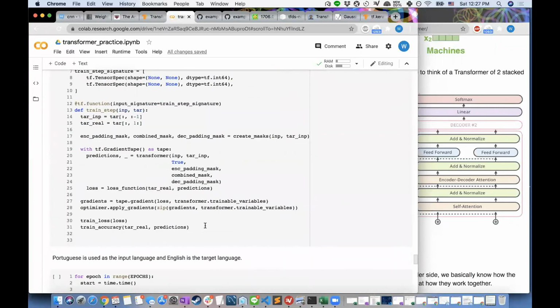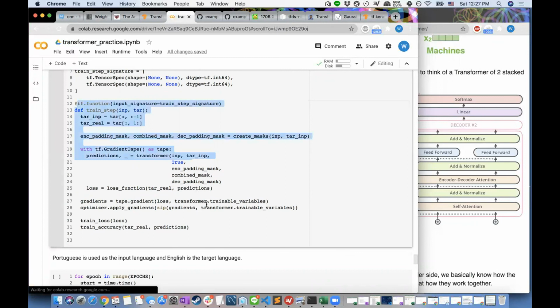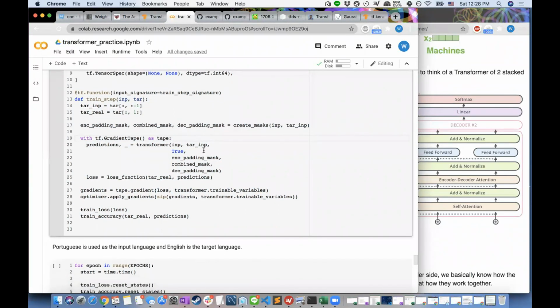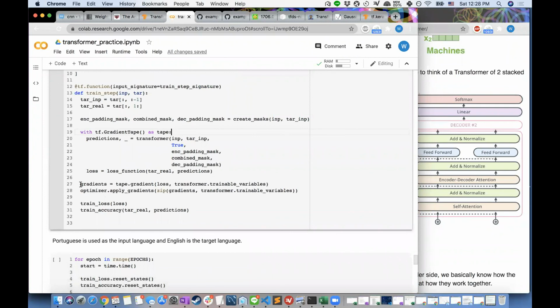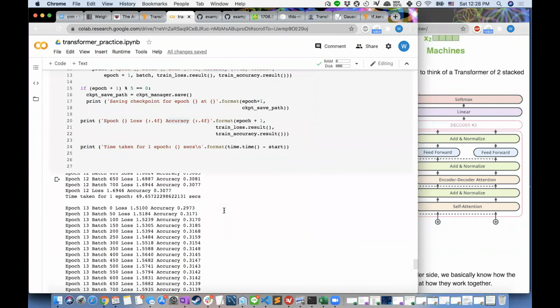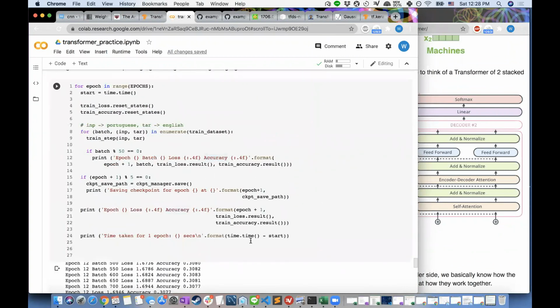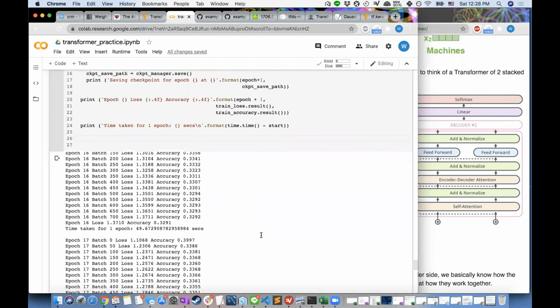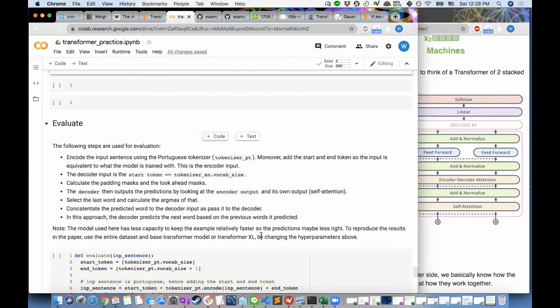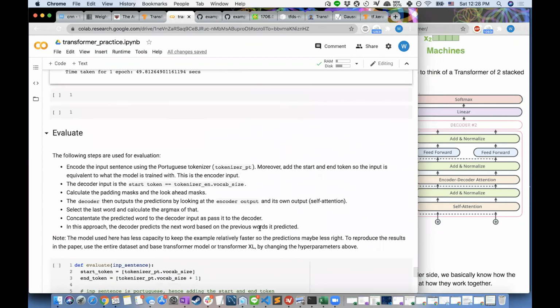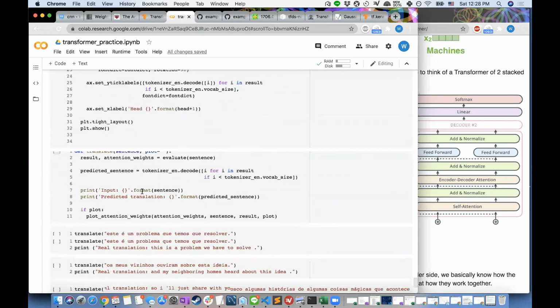And this is the training step function. You calculate your gradients, you apply your optimizer, and you get your training loss and your accuracy, and you pass into a for loop. So this is pretty straightforward stuff. We can probably go through the evaluation ourselves.